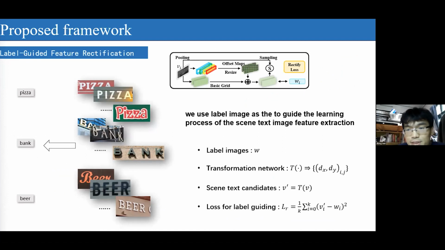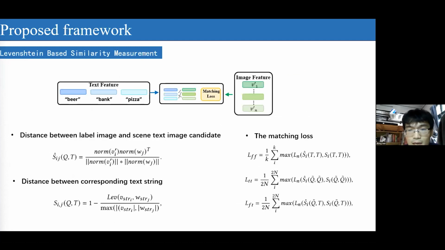Before the matching operation, we further refine the scene text feature to eliminate the influence of various style designs and the background noise by aligning with the synthetic query images, which are finely arranged in layout and lucid in appearance. The refinement process uses feature-level alignment to make the scene image have a similar feature representation as the label images.